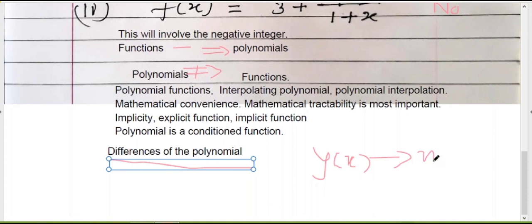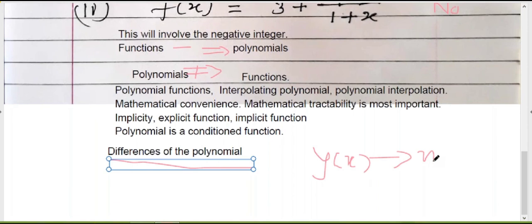Then if we start taking the differences of the polynomial, what kind of results, what kind of findings do we come across? That is very important.